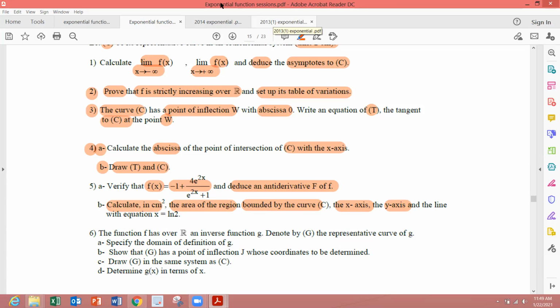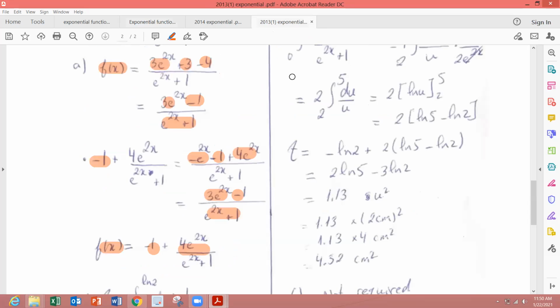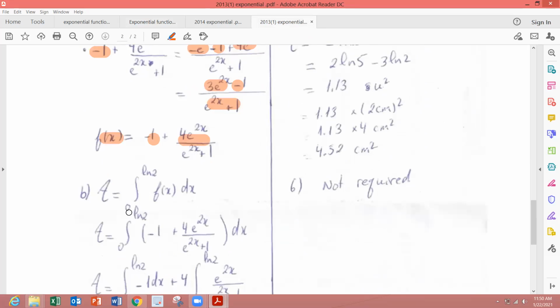What are A and B here? What is the equation of the y-axis? x equals 0. Okay, so area equals integral between 0 and ln 2 of f(x) dx.